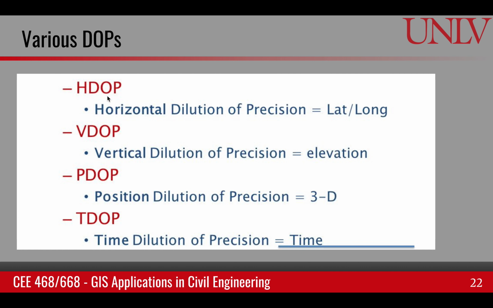So there is horizontal dilution of precision, which is precision along latitude, longitude, or the horizontal plane. Then we have the vertical dilution of precision, which is in the elevation. The position dilution of precision, or PDOP, which is the all-in-all 3D dilution of precision.